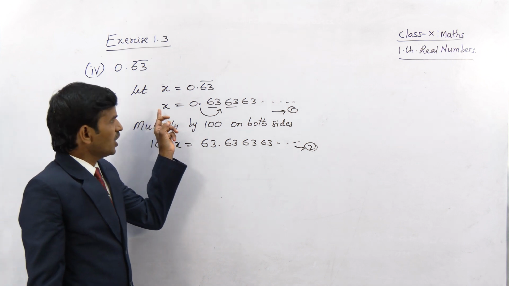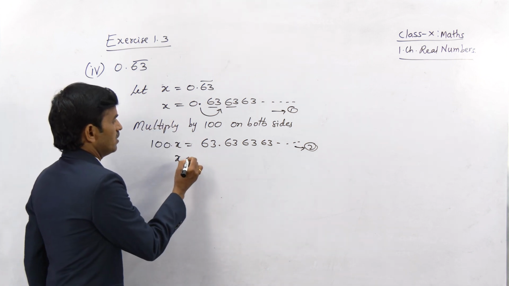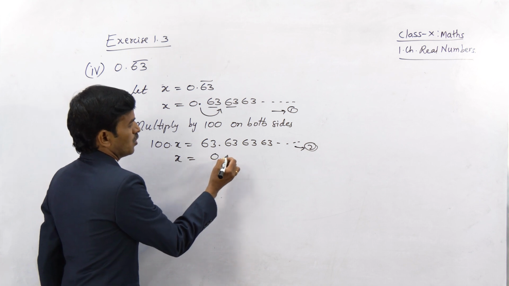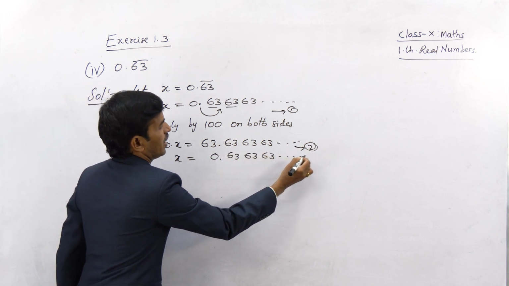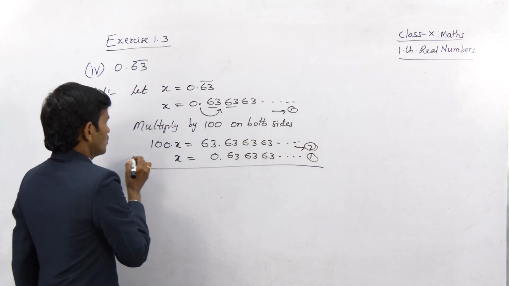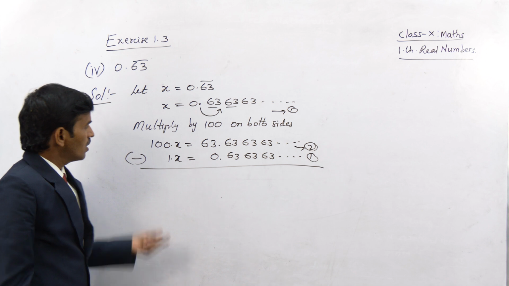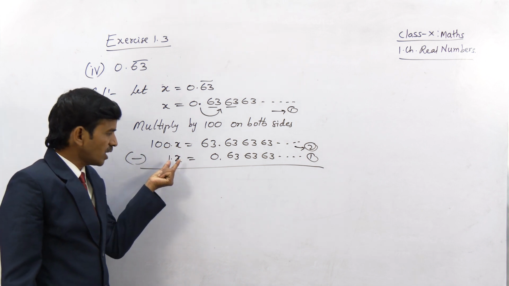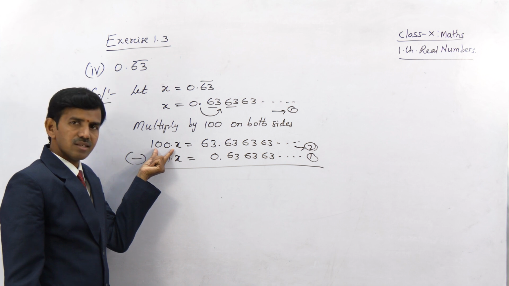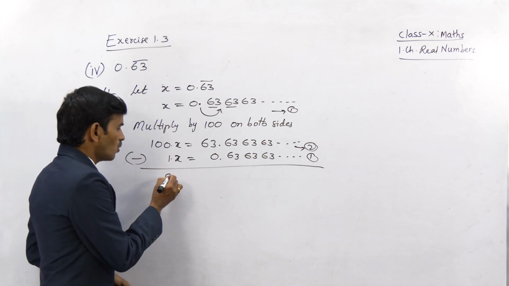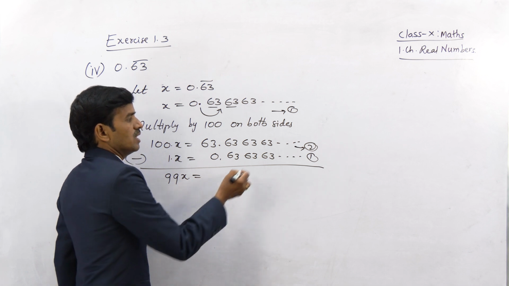Now subtract equation 1 from 2. So let us write equation 1 here. x is equal to 0.63, 63, 63 and so on. When you are subtracting, what is its coefficient? 1. So 100 times x minus 1 time x, 100x minus 1x, gives us 99 times x, which is equal to 63.